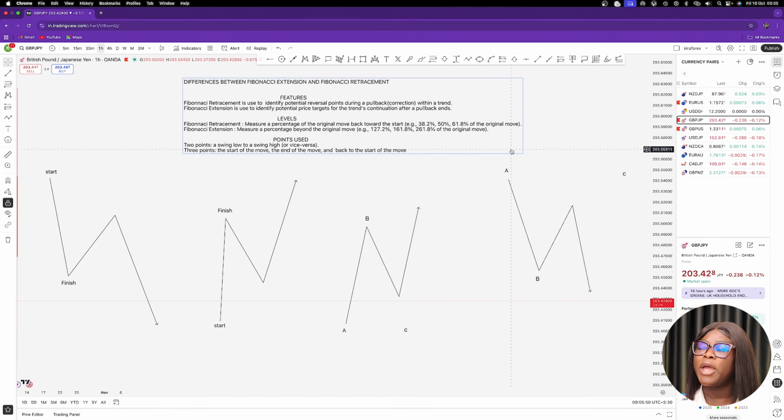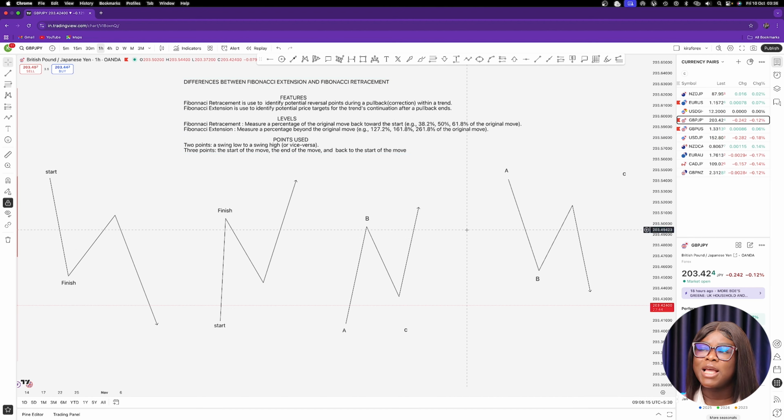Now, in also a downtrend, you start from the swing high to the swing low, okay, then back to the swing high. Okay, so if price gets here and we see these numbers will now be our potential numbers that we are going to be taking our profits from, which means that when price gets to any of these numbers, there could be a retracement.